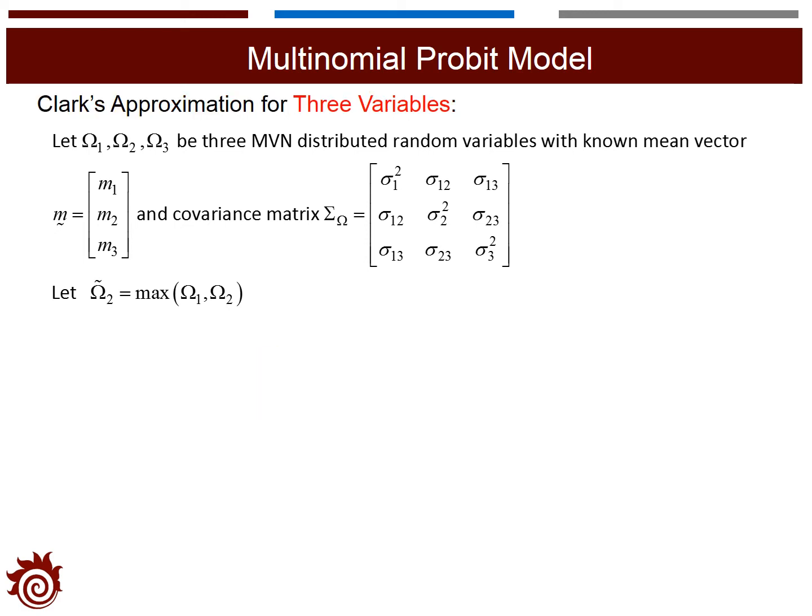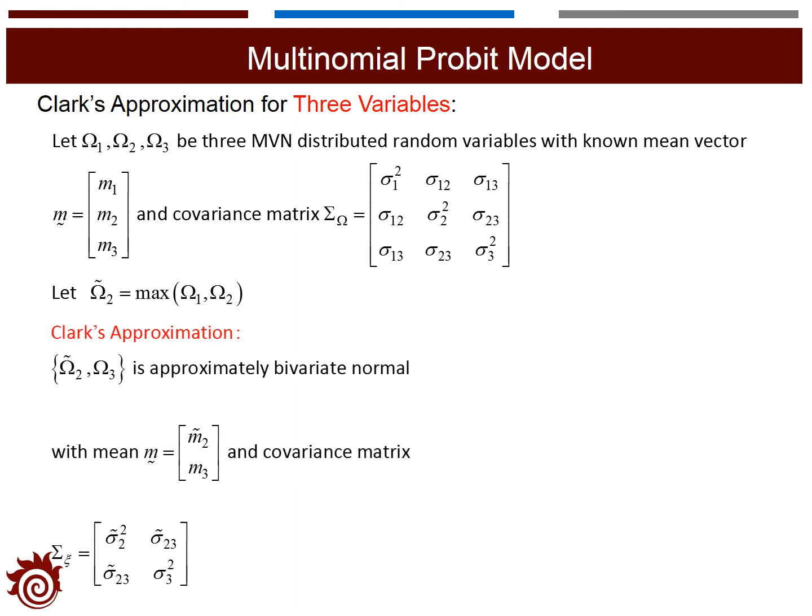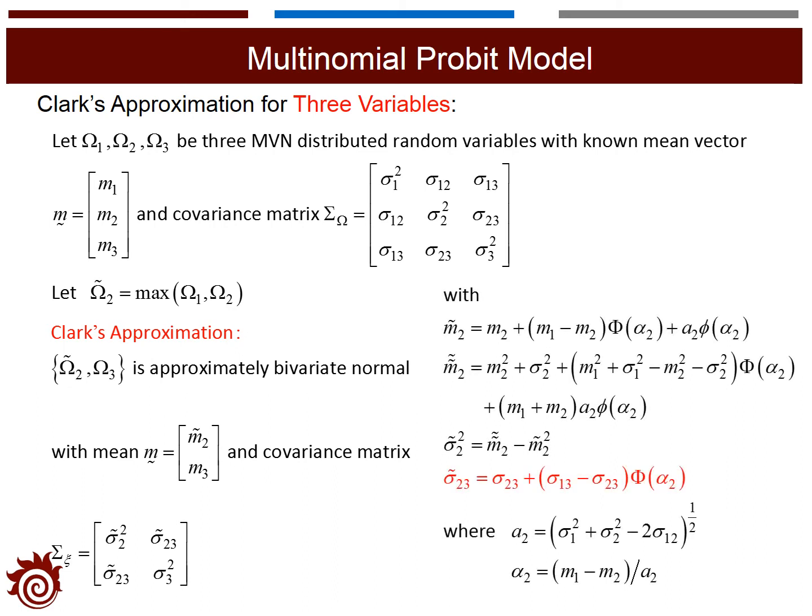Actually, here omega 2 tilde and omega 3 are also approximately bivariate normally distributed, with the mean and covariance. Here, for the mean, we have m2 tilde represented by the equation here, which is shown in the previous analysis. Also, we have the value of sigma 2 squared tilde. The covariance sigma 2,3 tilde is shown in this equation and represents the covariance between omega 2 tilde and omega 3.